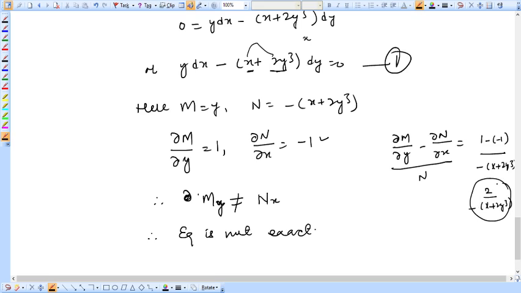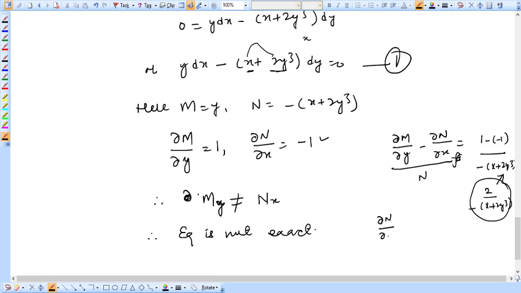Now this is not a function of x only, but also a function of y. If we had gotten a function of x only, then we could have applied rule number 3, but we won't be able to apply it here. So now let us check rule 4.